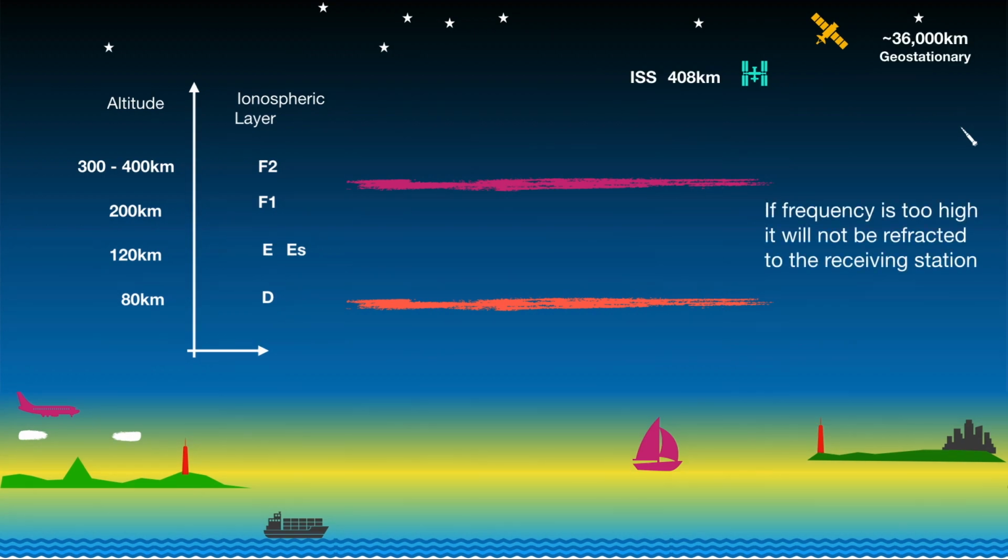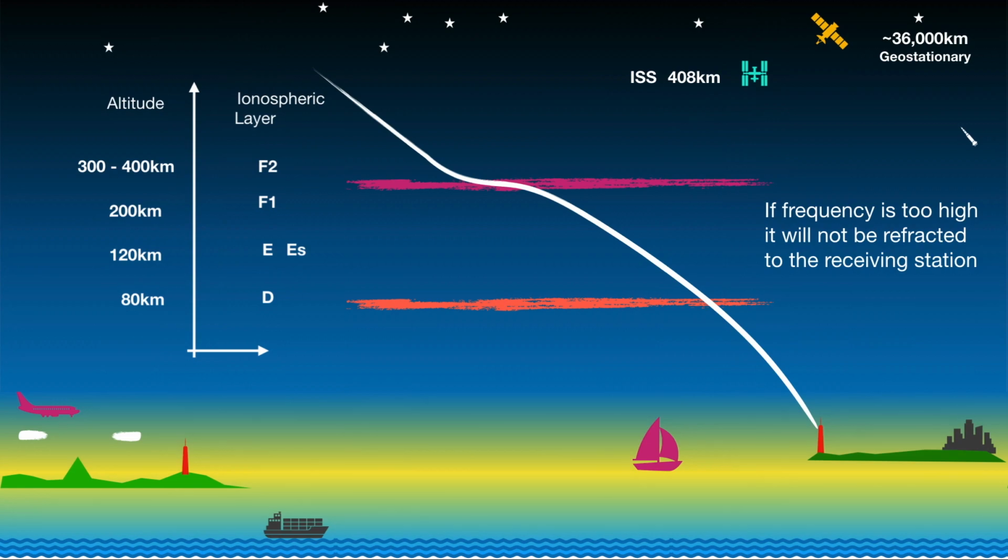If the frequency is too high, it won't be refracted to the receiving station. So here, we've picked a frequency that's too high. The degree of ionization of the F2 layer isn't enough to refract it back to the receiving station.